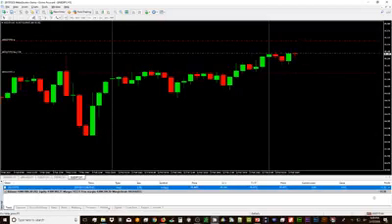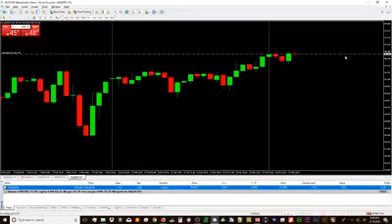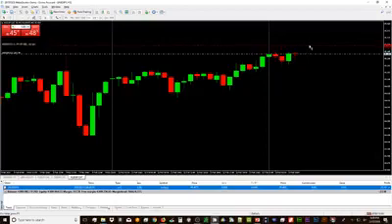Let me show you how to quickly do a sell, and it's the same thing, just vice versa. Adjust your lot size, click sell. Now since you're selling, meaning you're going to make money as the market goes down, you want to hover your mouse on your trade line, left click, and drag up for your stop loss.